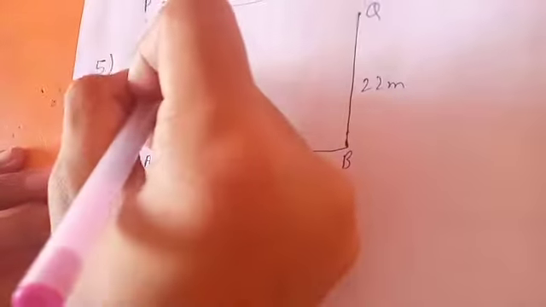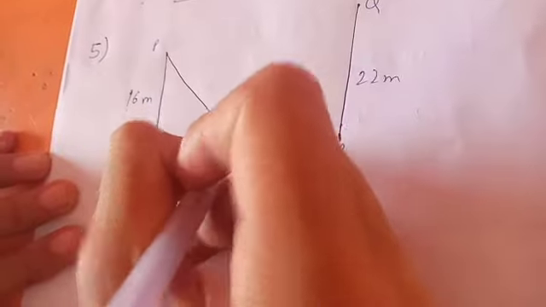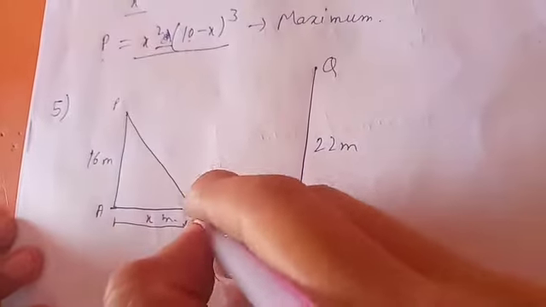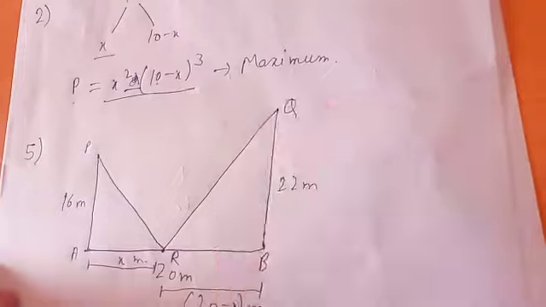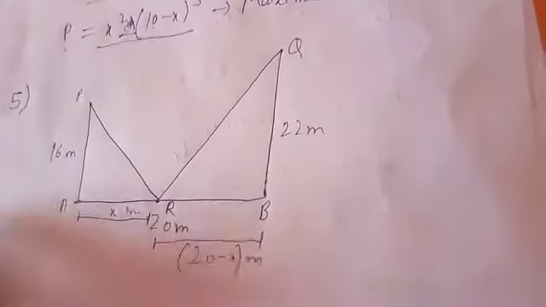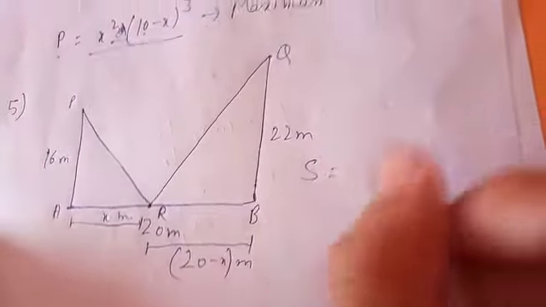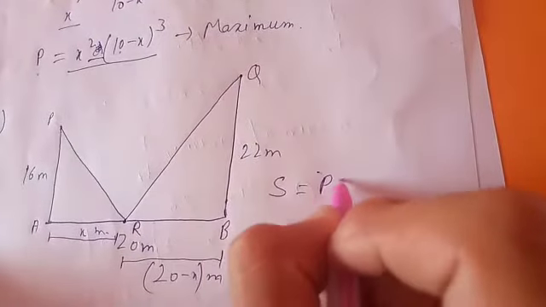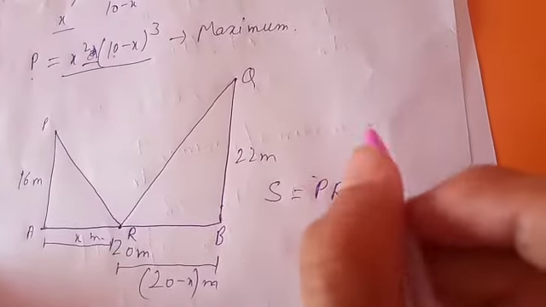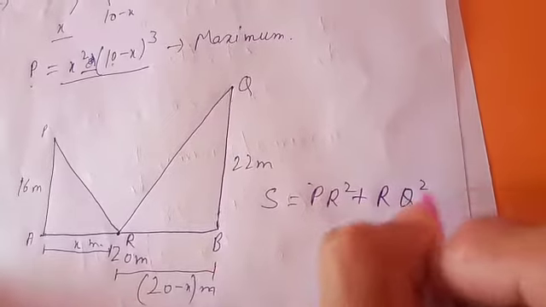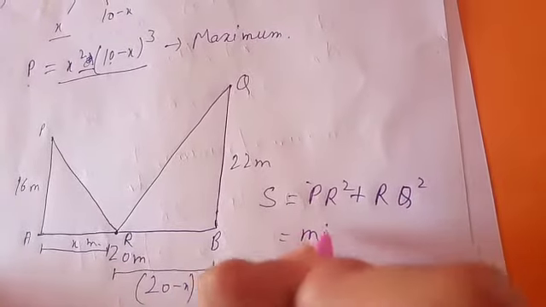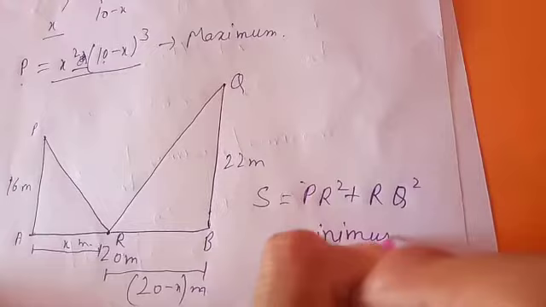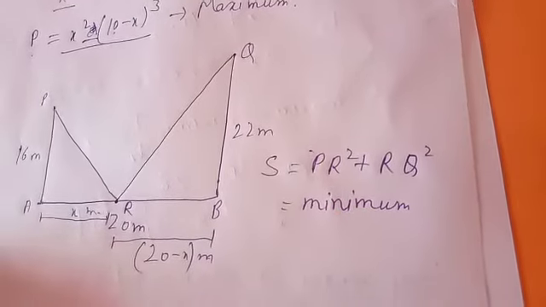First of all we have to join the points P and Q with R, and we have to prove that the sum PR square plus RQ square is the minimum.